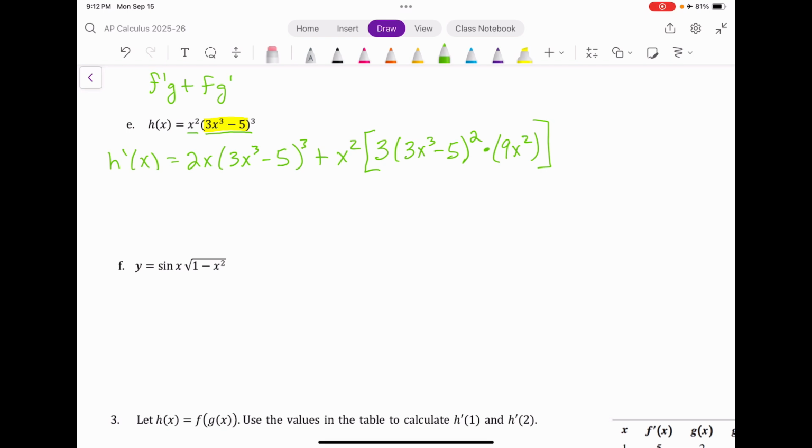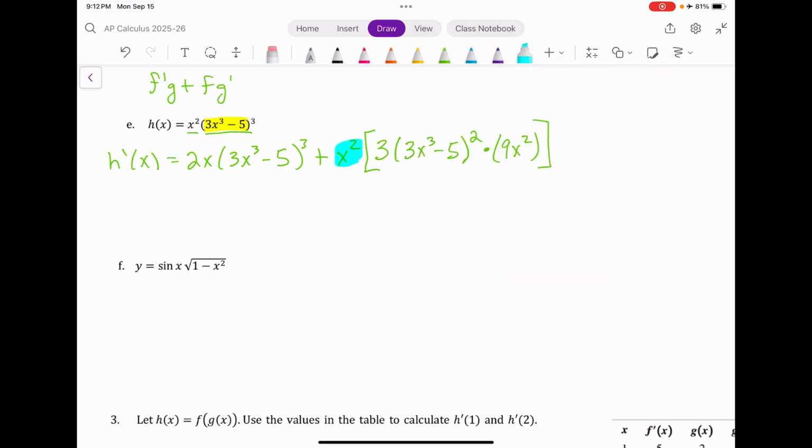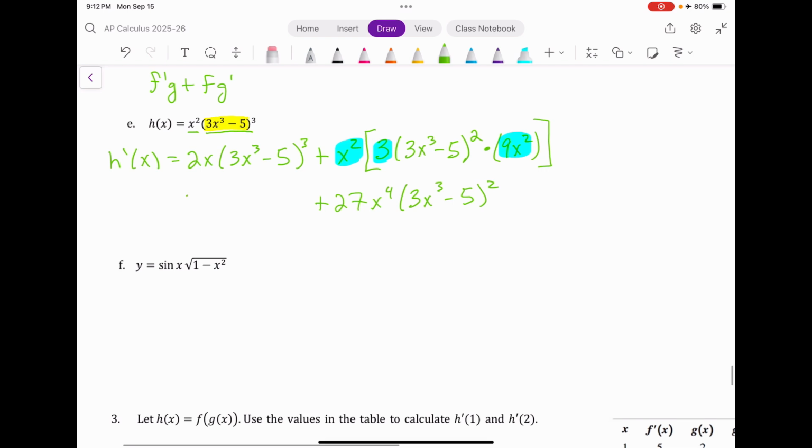Okay, so what can we clean up here? We can multiply x squared and the 9 and the 3 together, and that's about it. So that'd be 27x to the 4th. We still have this up front. Okay, that's good.